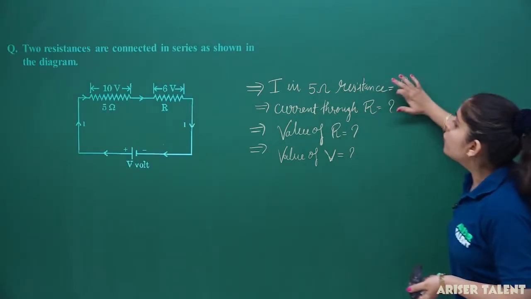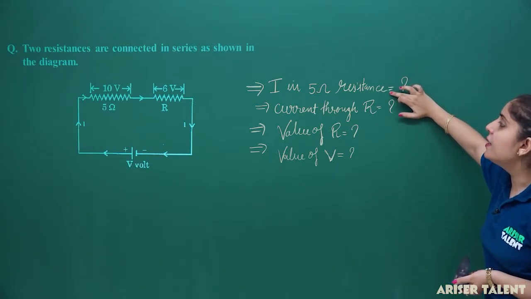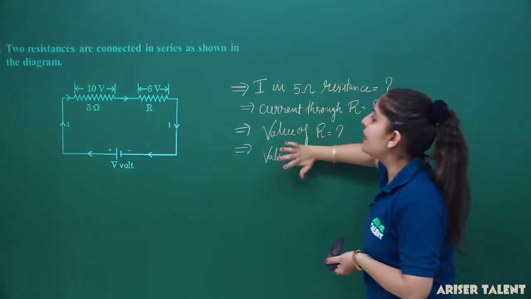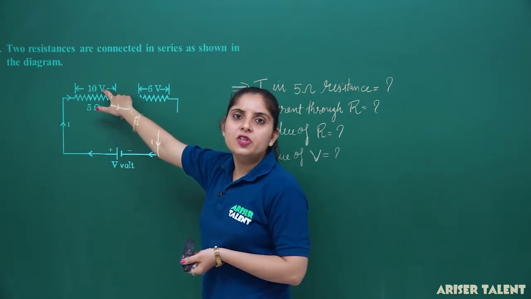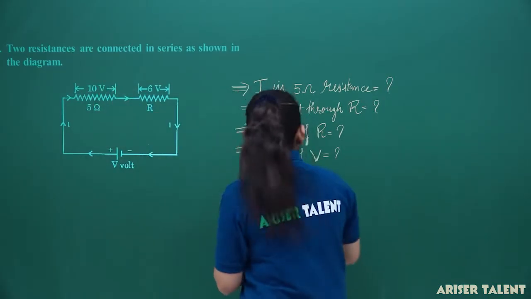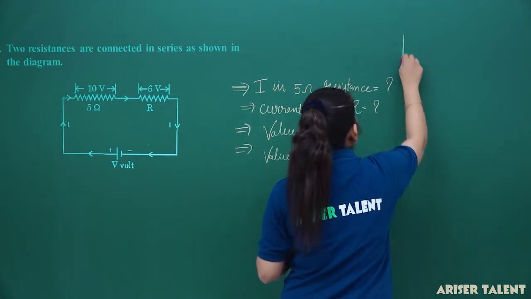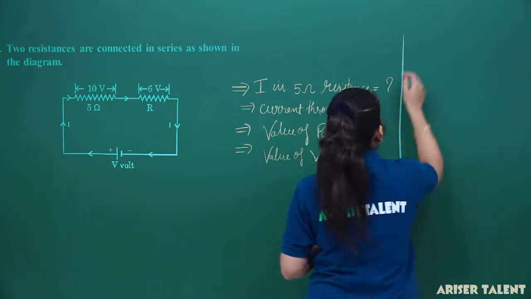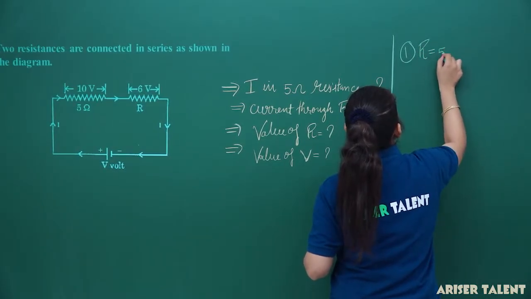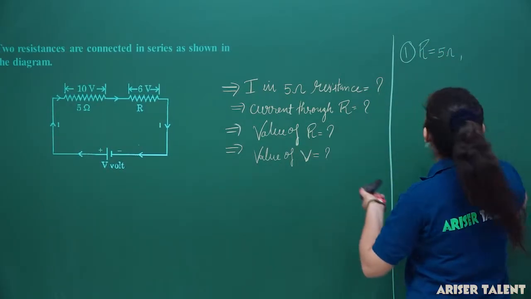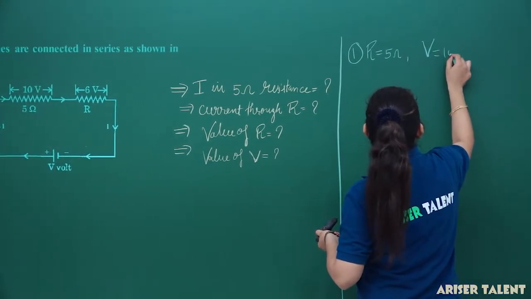Now, you have to find the current in the 5 ohm resistance. You can see that the resistance is 5 ohm and the potential difference is 10 volt here. So, for the first part, the resistance is 5 ohm and the potential difference we have been given is 10 volt.